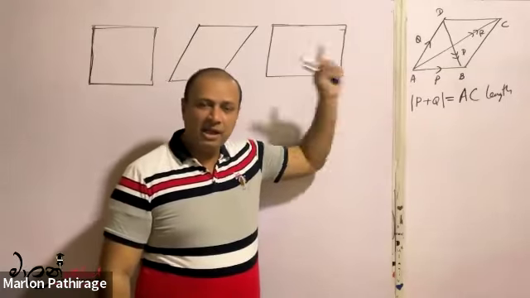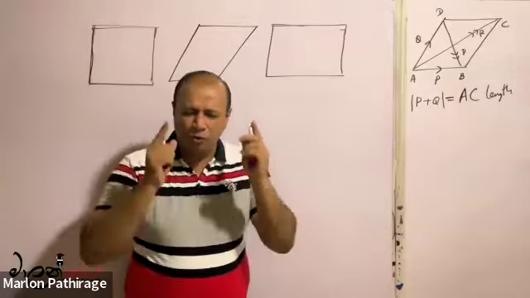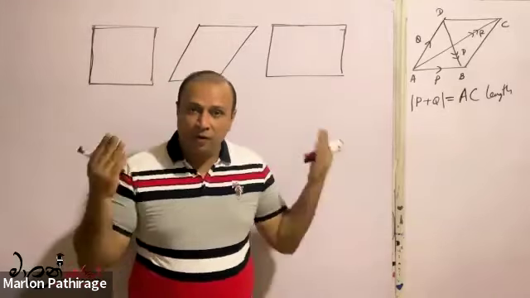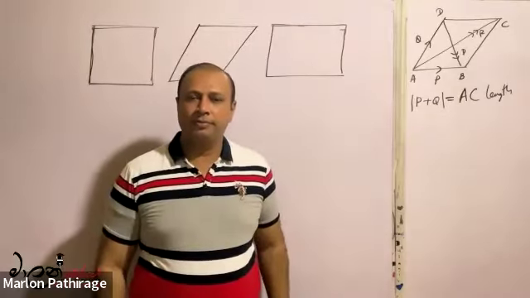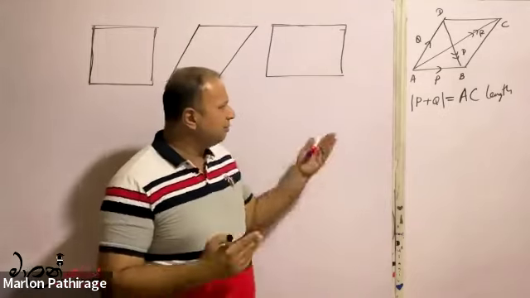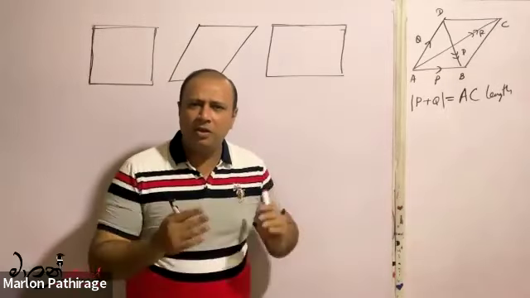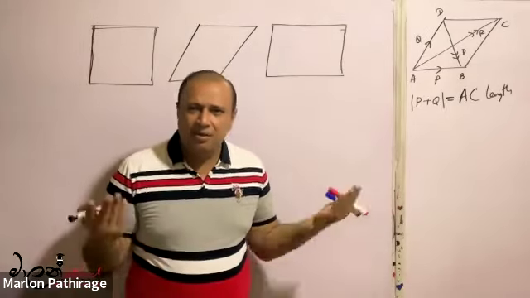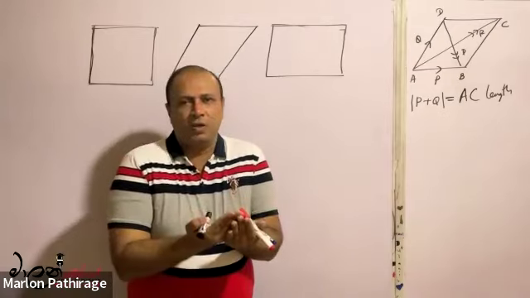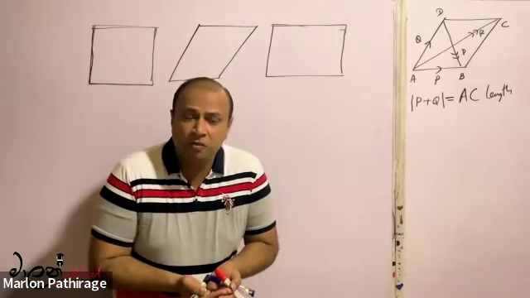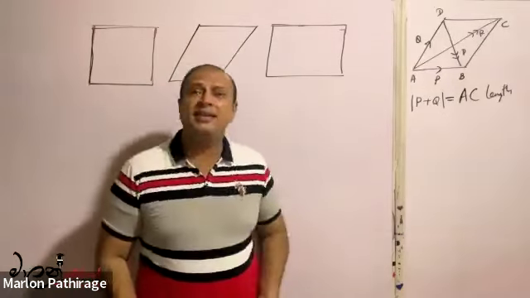You have to understand that, not just remember it, and this one is very easy. P plus Q modulus means the magnitude of P plus Q, which means the AC diagonal.